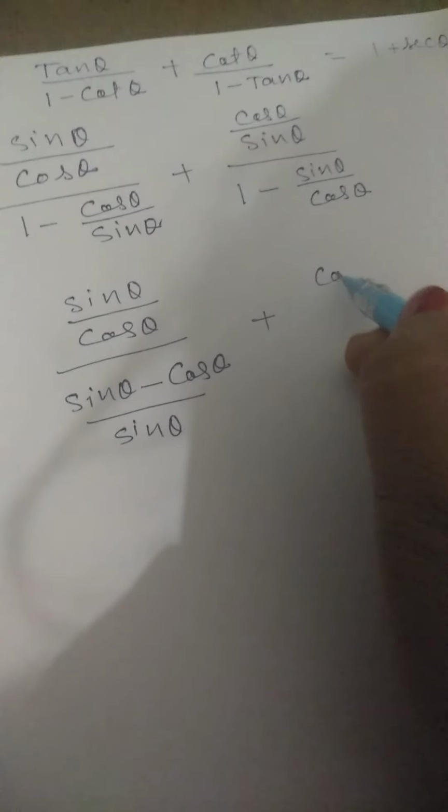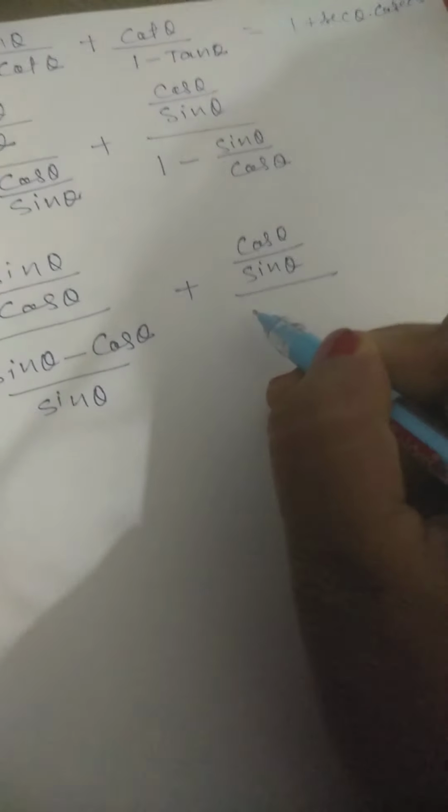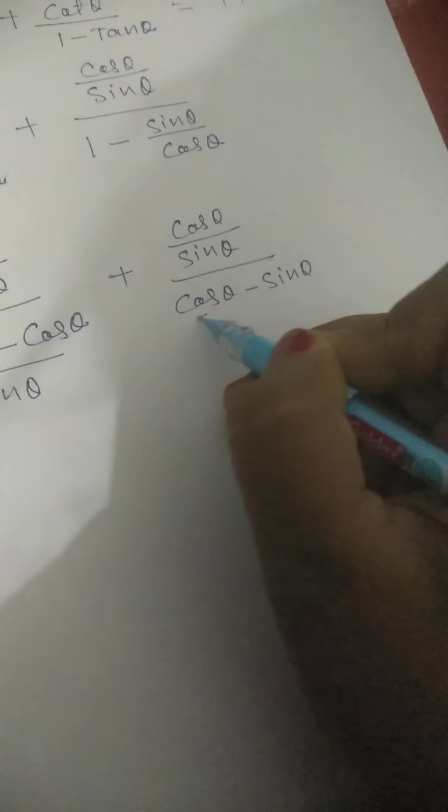Just to take the sin theta upon cos theta, sin theta minus cos theta upon sin theta, and cos theta upon sin theta, cos theta minus sin theta upon cos theta.